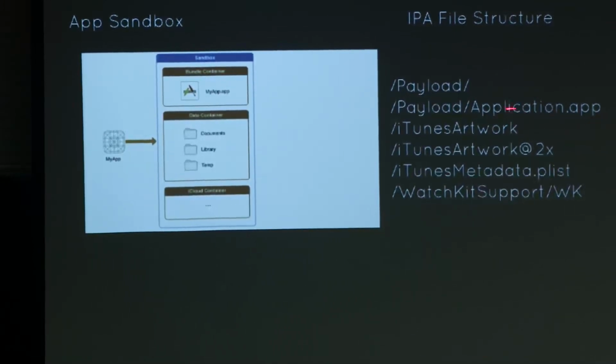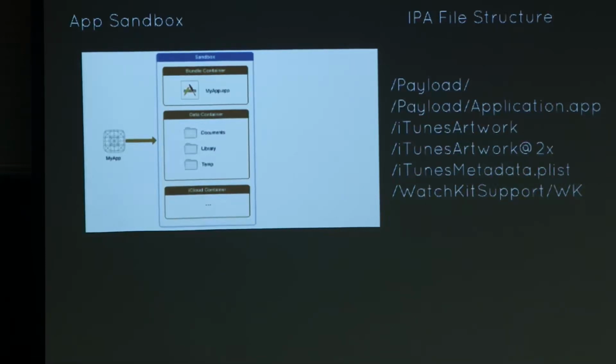Other than that, obviously right here, .app, and here's where the application binary is, and that's what you'll drop into, let's say, IDA or Hopper, to do your code review, basically, or try to get a more white box approach to it.